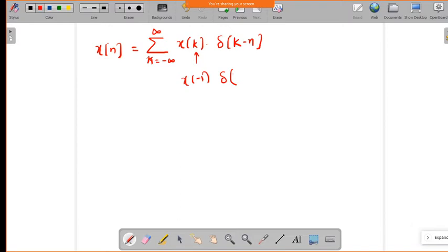Okay, x of minus 1, so this will be minus 1 minus n. So is it correct? It won't be correct. So if I write n minus k and put k equal to minus 1, then it will become del of n plus 1. So this is the actual n minus k.